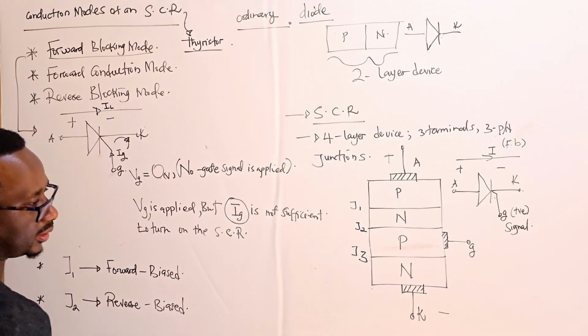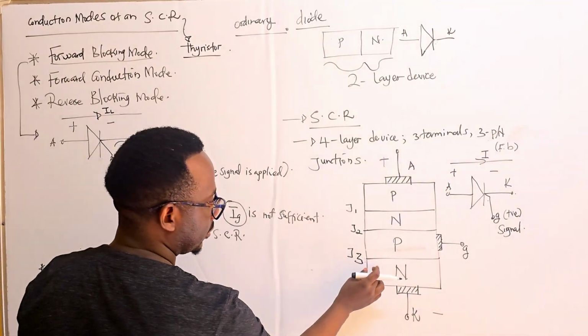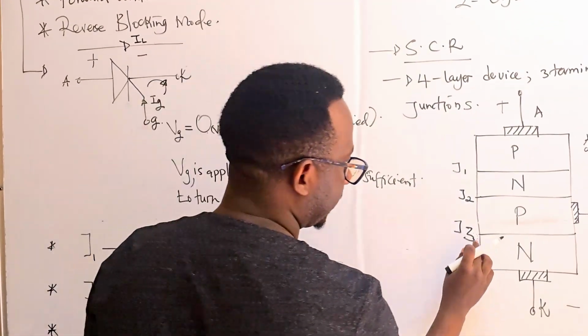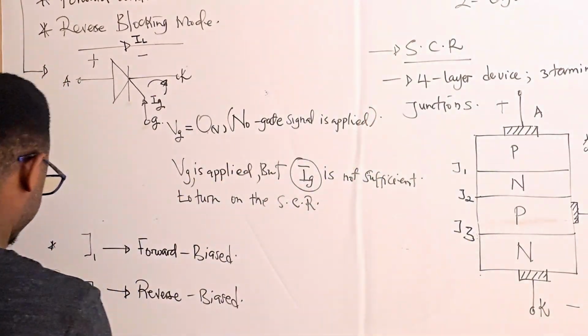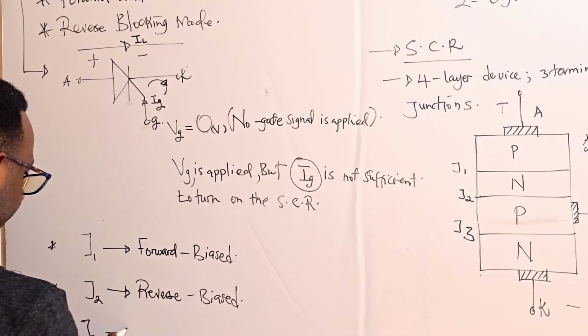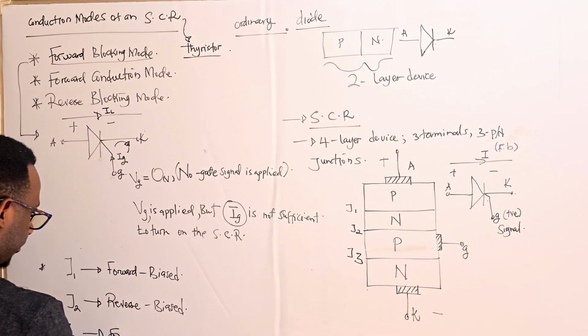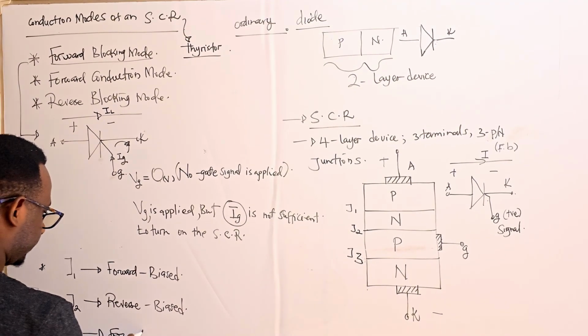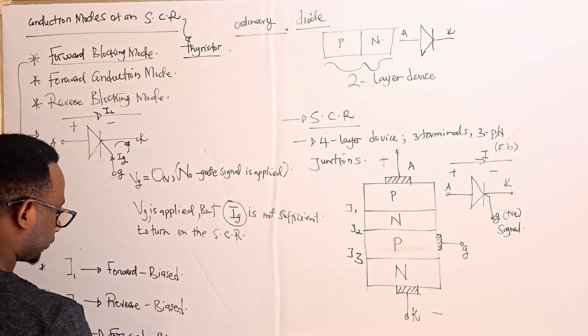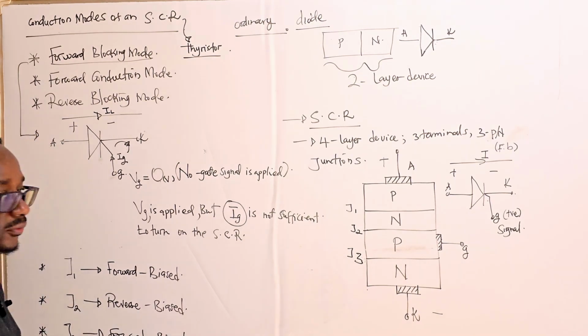If you use the same analogy, the same setup for J3, we'll find out that J3 is forward biased.